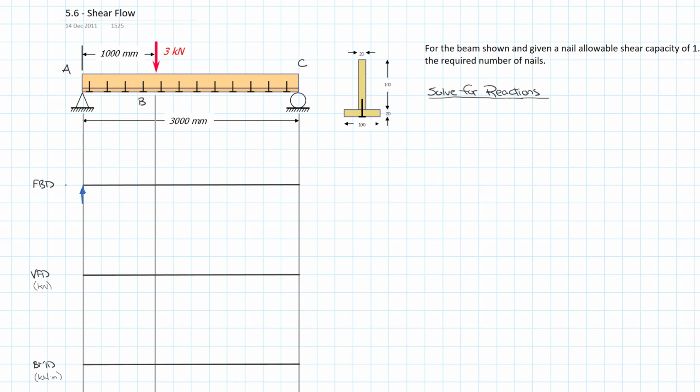So we have two possible reactions or components. At A, we have reaction AY, reaction AX. We have a single possible reaction at C, which is in the vertical, reaction CY.